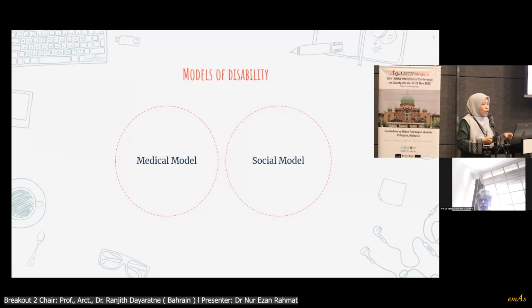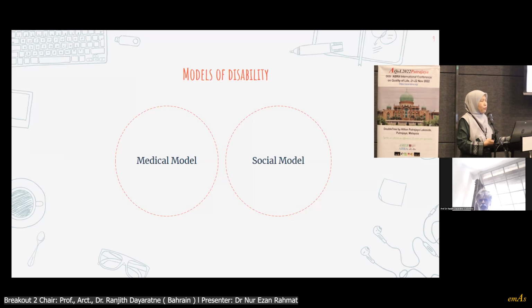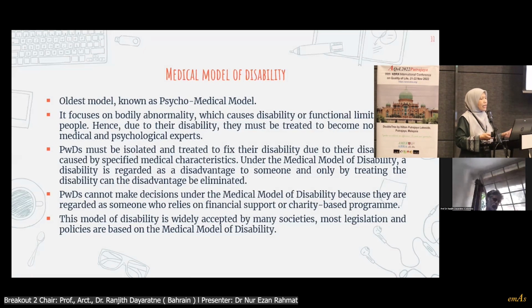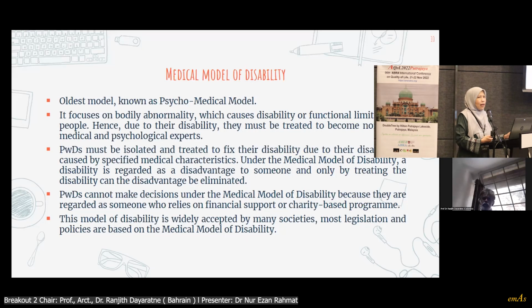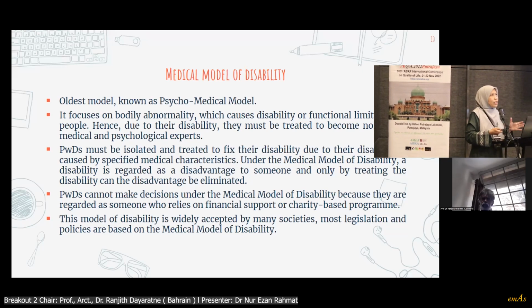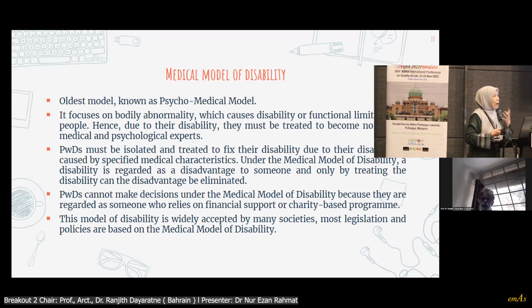I would also like to highlight models, because we want to integrate the medical model as well as the social model. What is the medical model? This is actually the oldest model, known as the psychomedical model. According to this model, these children need treatment, by way of consuming medicine.